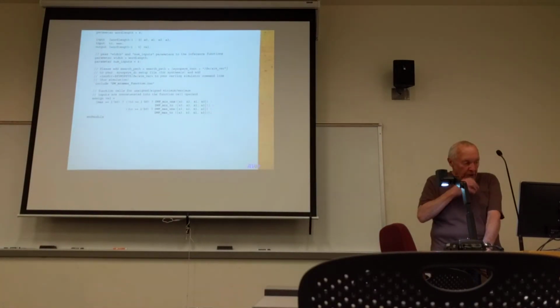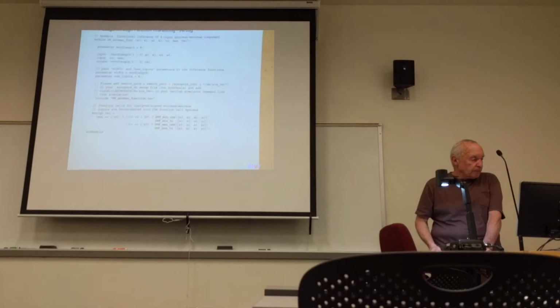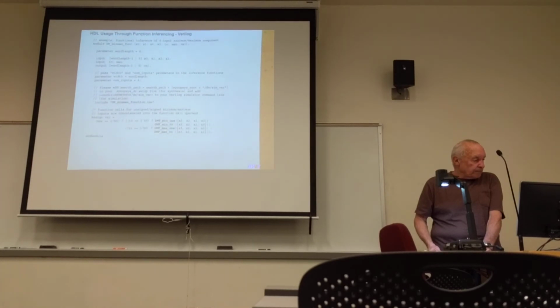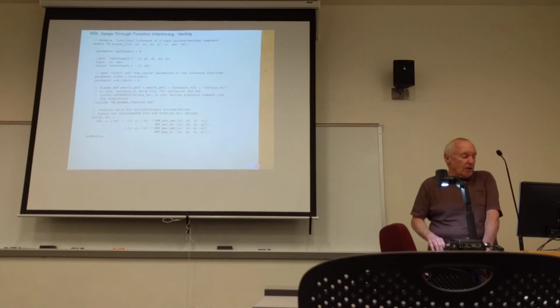Here's function inference. So there's my declarations. And down here, I have a continuous assignment statement. It's an if, then else statement. The TC determines whether or not you want 2's complement representation of the numbers or not.